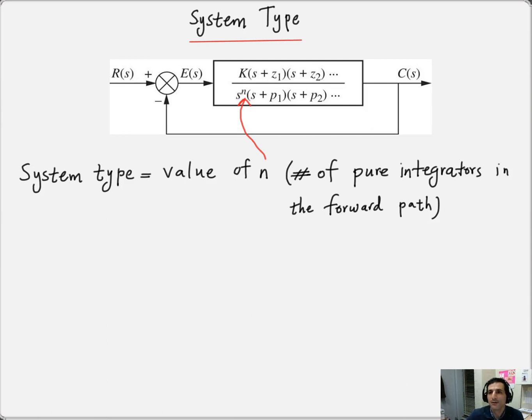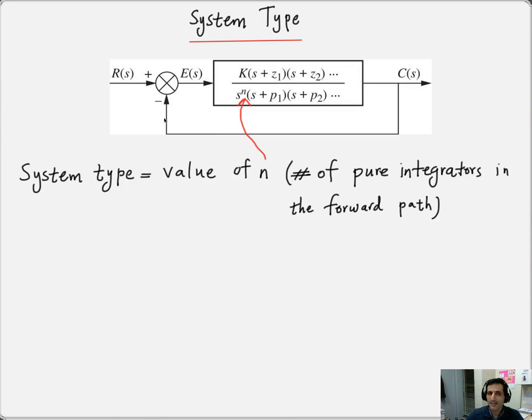All right, I talked about all these things, but to really unify the conversation, I'm going to discuss what is called system type. So what is the system type? If your open loop system transfer function G of S can be expressed in this form, and in the denominator you have s to the power of n, then the value of n, or basically the number of pure integrators in the forward path or in the open loop transfer function, is what you call system type.